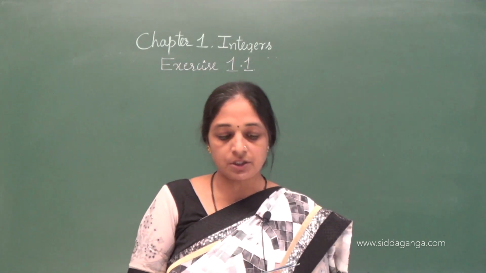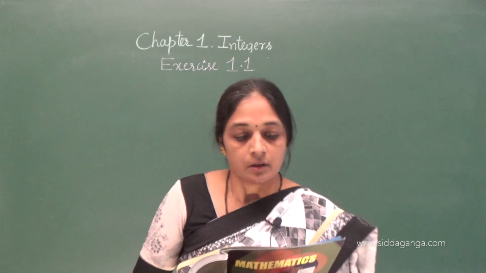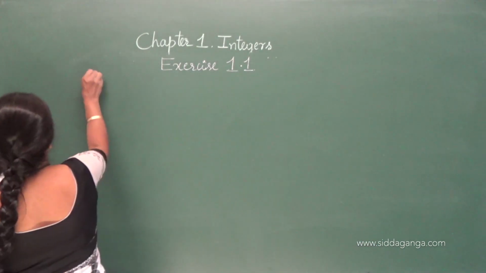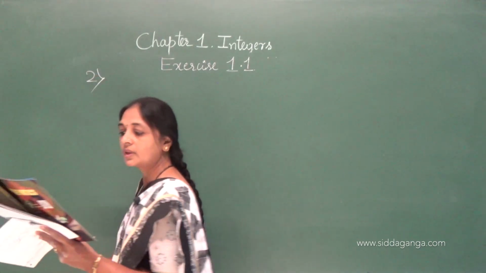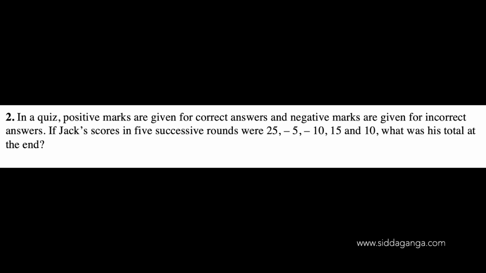The second question is, in a quiz, positive marks are given for correct answers and negative marks are given for incorrect answers. If Jack's scores in 5 successive rounds were 25, -5, -10, 15 and 10, what was his total at the end?